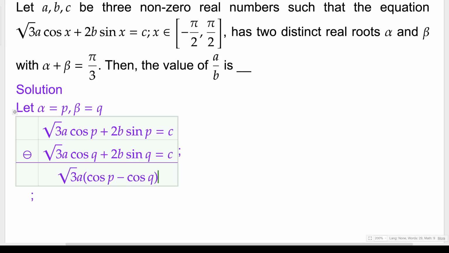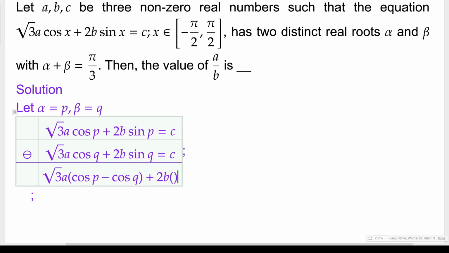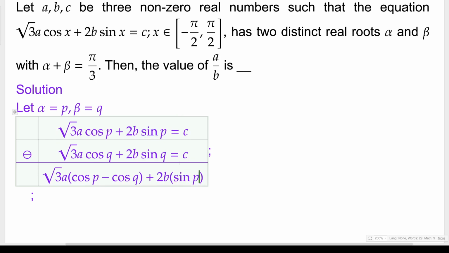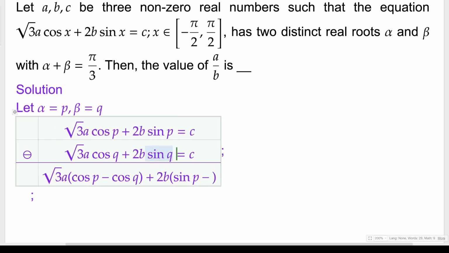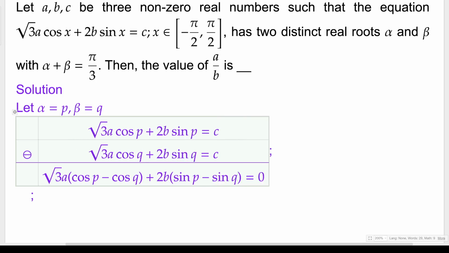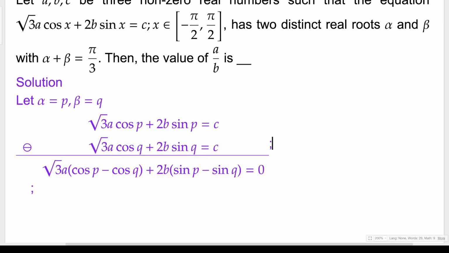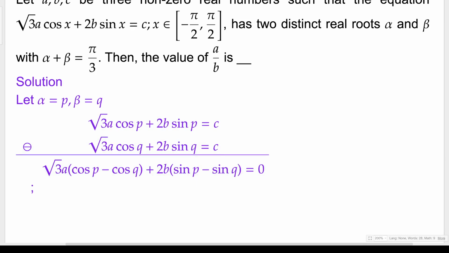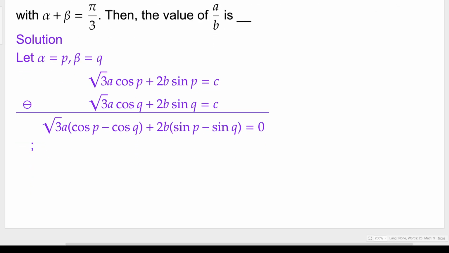The second term would be 2b, which is a common factor, times sine p minus sine q, and c minus c turns out to be 0. So this part is done. Now I will proceed ahead. Finally, this is the equation that we have got.